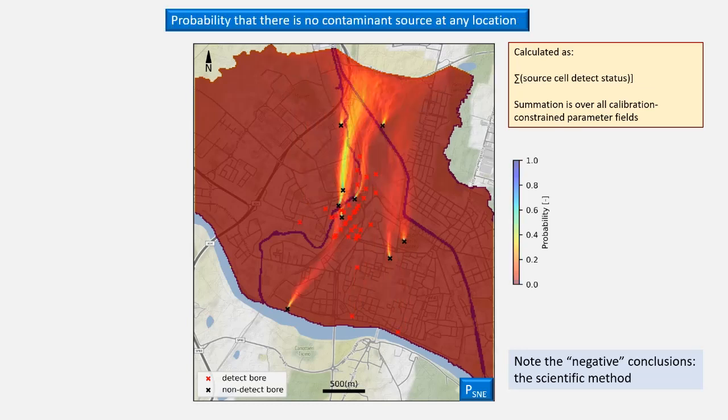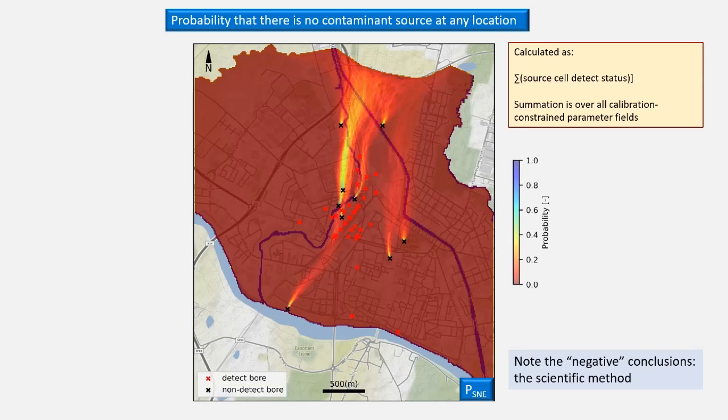From the other statistic that is awarded to particles and then transferred back to source cells, I can calculate another statistic, averaged over all parameter fields. This is the probability that a source does not exist in each one of those cells.